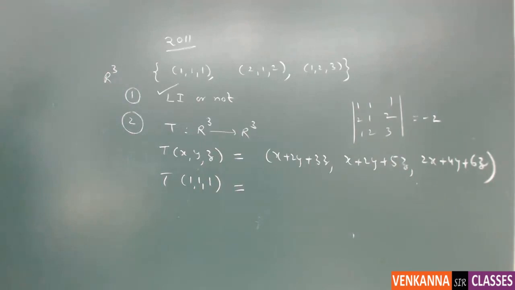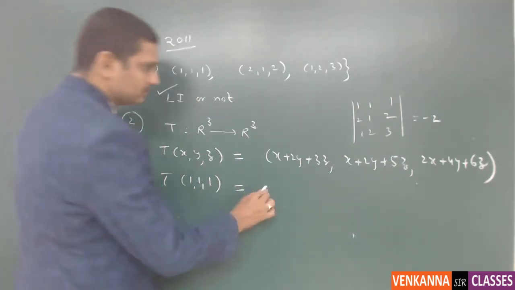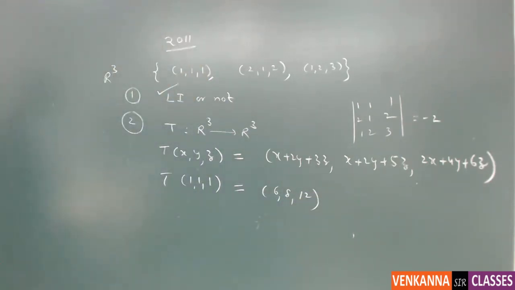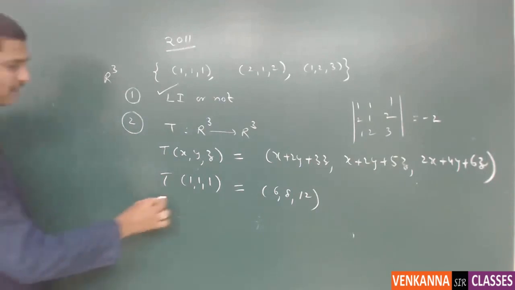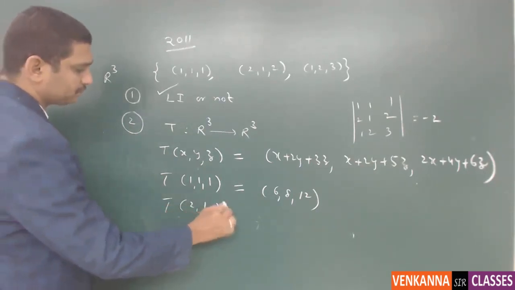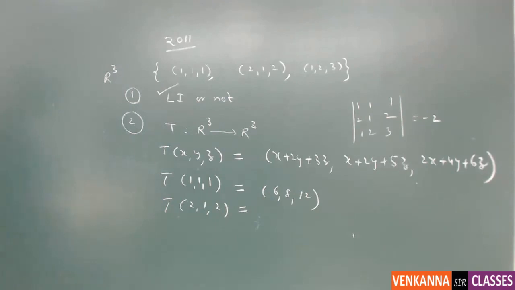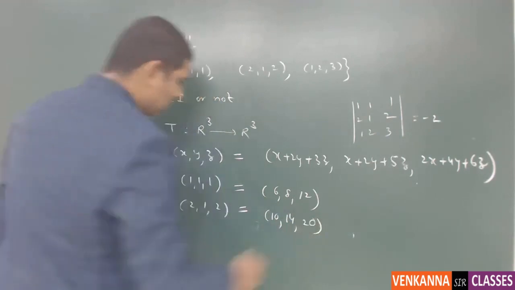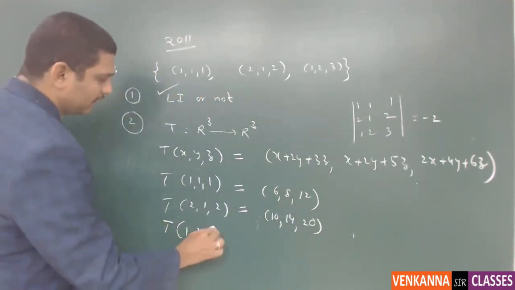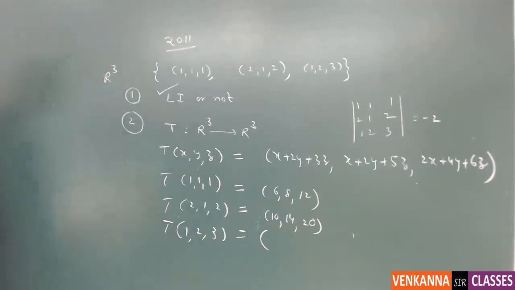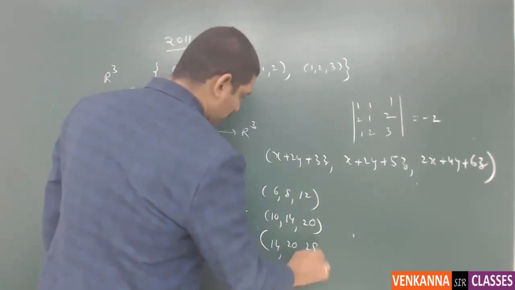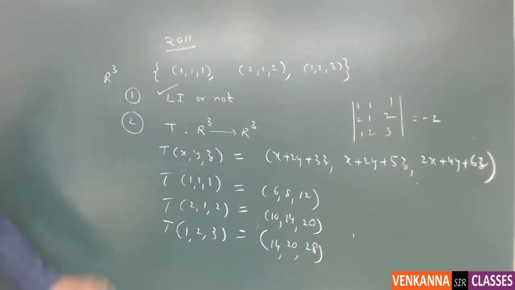I think the values here could be 6, 8, 12. If you go for the second one, I think it will be 10, 14, 20. And if you go for the third one, 1, 2, 3, I think it will be around 6.